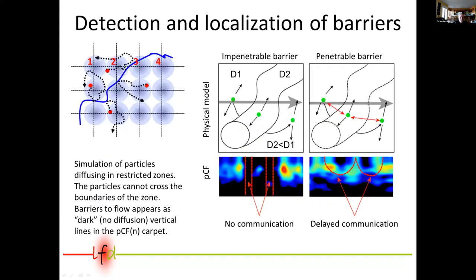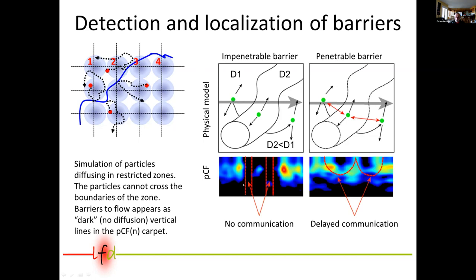So now let us see some consequences of that, which started with the work of Liz Inde when she was a postdoc in my lab. Suppose the particle can be in the volume D1, and suppose this is a border, for example, of chromatin, and then a particle can be in D1 or in D2. If I do an experiment and I put the point here and the point there, suppose this is an impenetrable barrier, so the particle can never be found there.